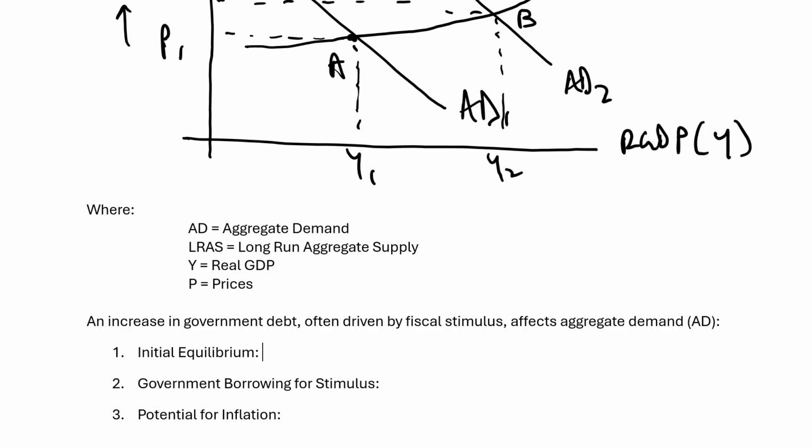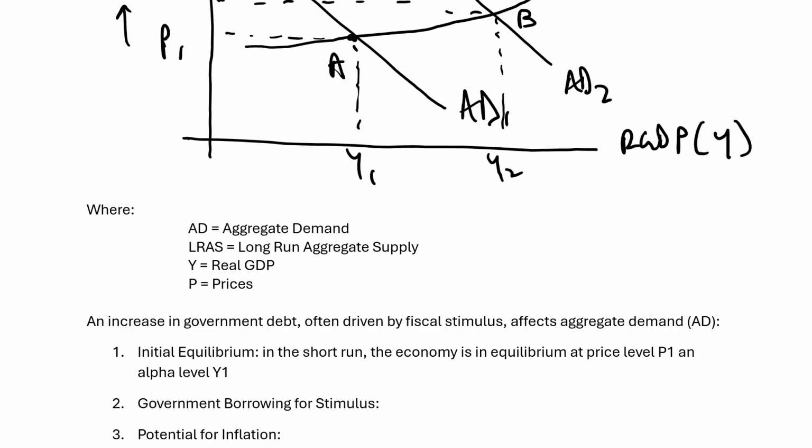In the short run, the economy is in equilibrium at price level P1 and output level Y1, where aggregate demand intersects with aggregate supply.